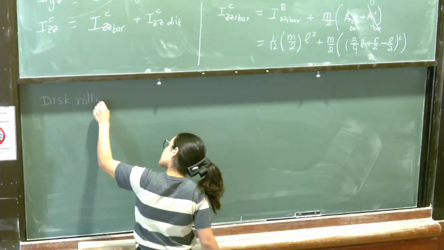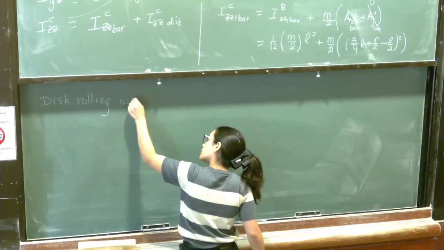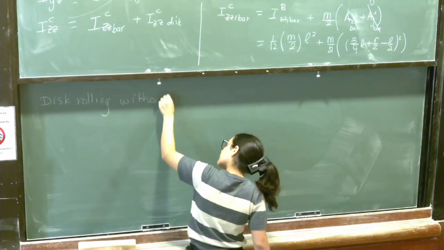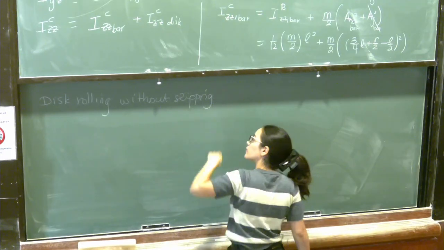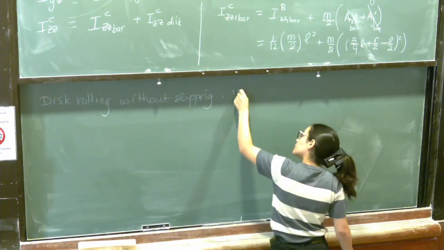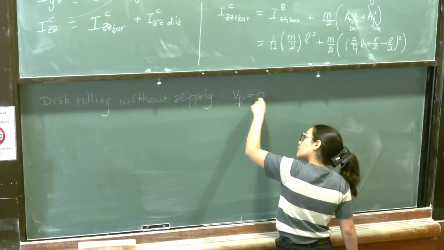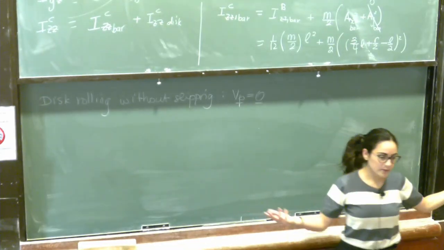What is the velocity of point P? So then what?